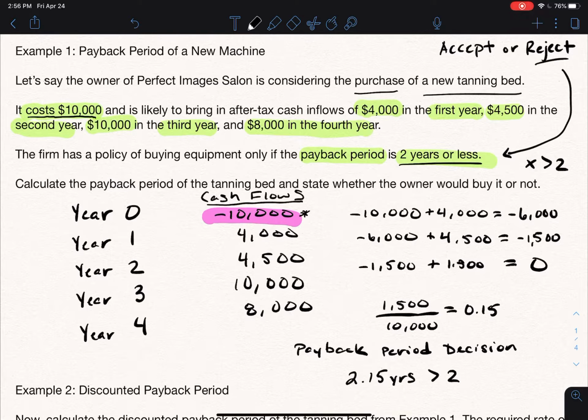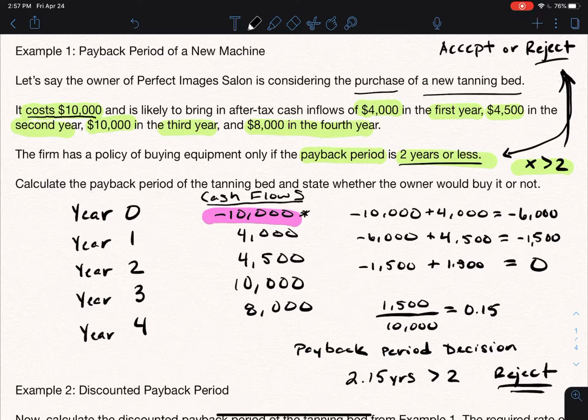And since it is greater than 2 years, remember up here, we said that if it's greater than 2 years, then we reject the decision, right? So our ultimate decision here is to reject. Why? Because it takes more than 2 years to earn our money back, okay? So that's how you use the payback period method.